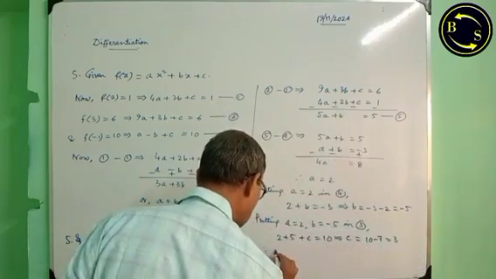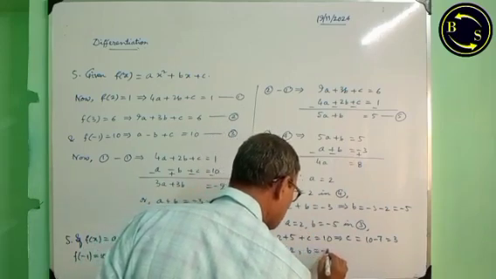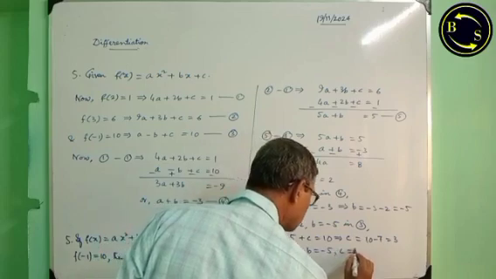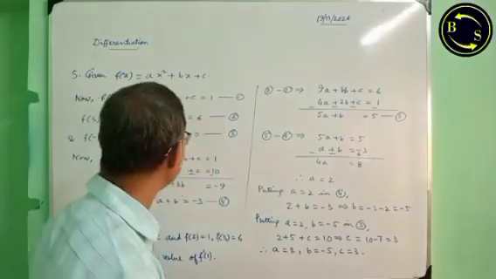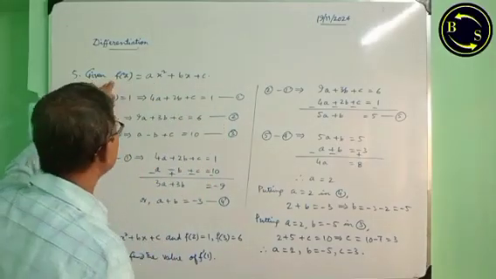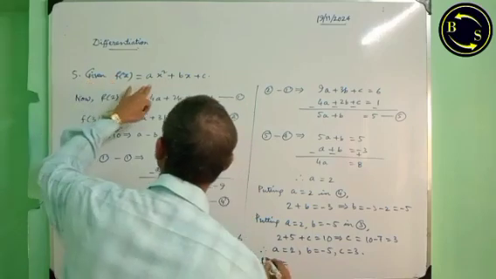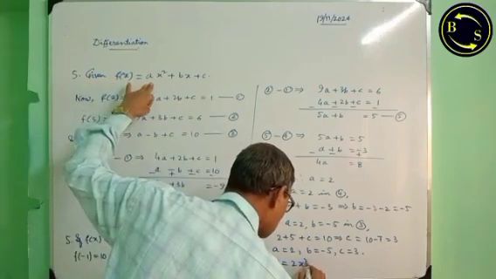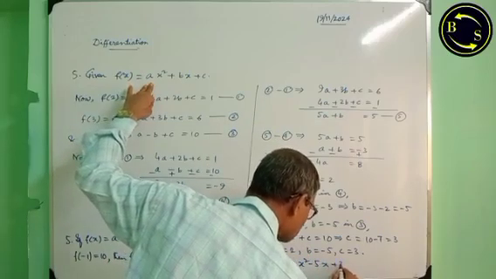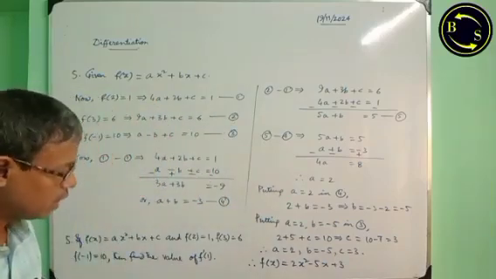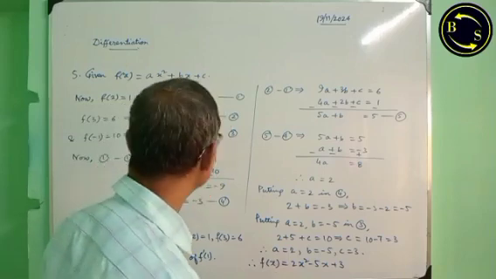Thus we have got the values of a which is 2, b minus 5, c equal to 3. Therefore we know f(x). Finally, we have got the function f(x) is equal to 2x square minus 5x plus 3.